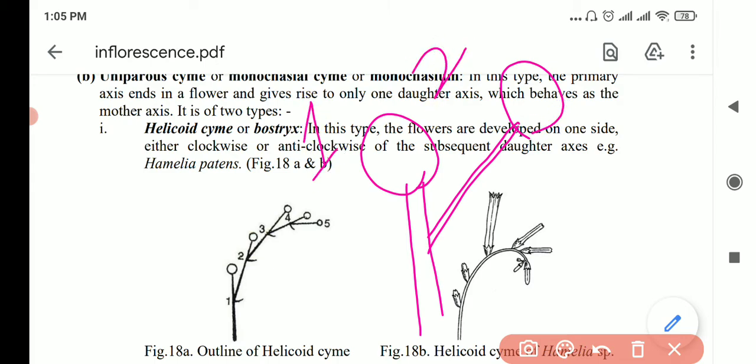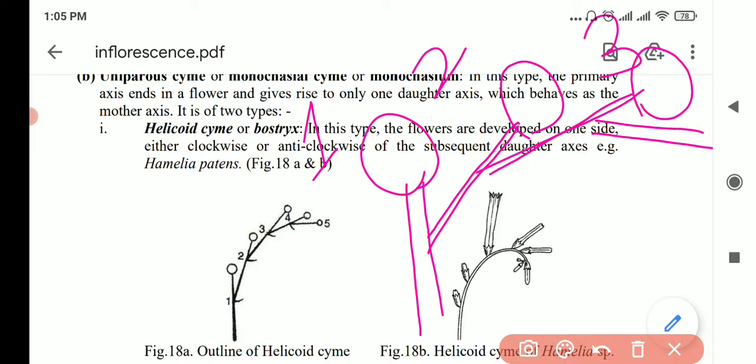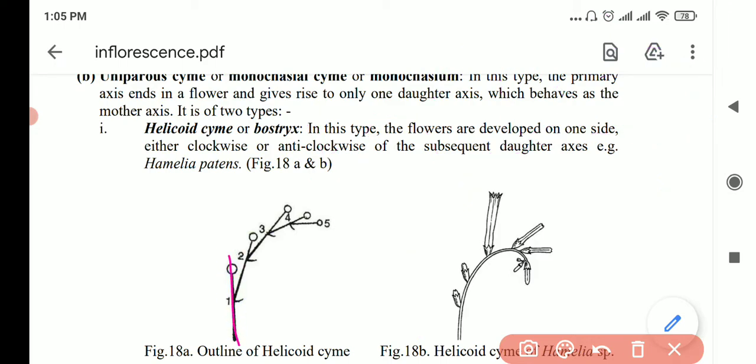Then from the second flower, another branch will produce, and it will end in another flower. So this is our third flower. Then again from the third flower, it will produce another flower and end there, and it goes on. So here you can see from the first to the second to the third to the fourth and fifth, and then onwards, like that. So you can see this helicoid.